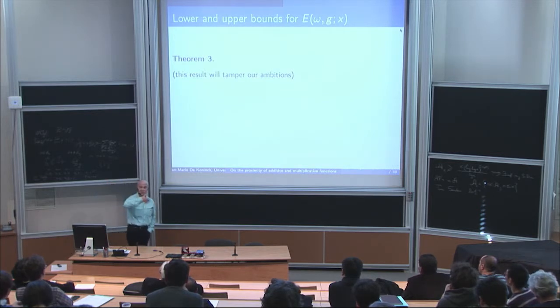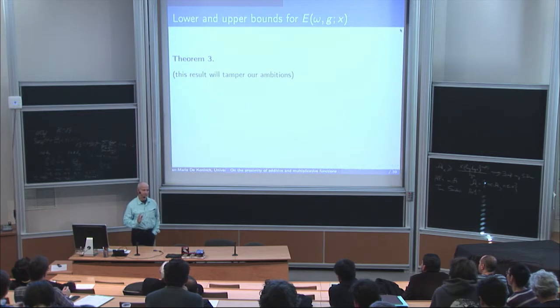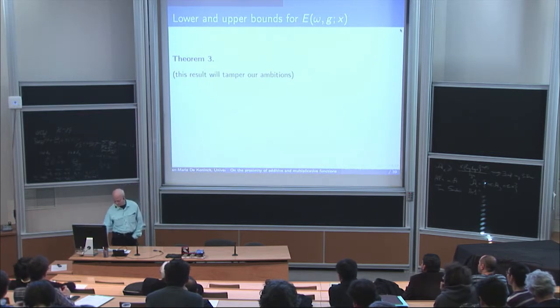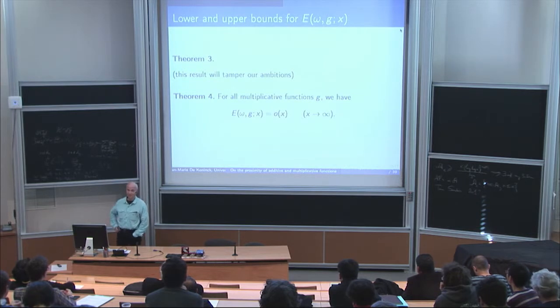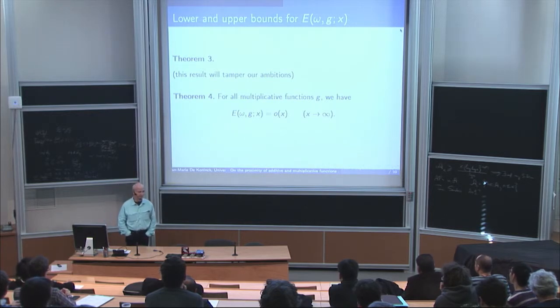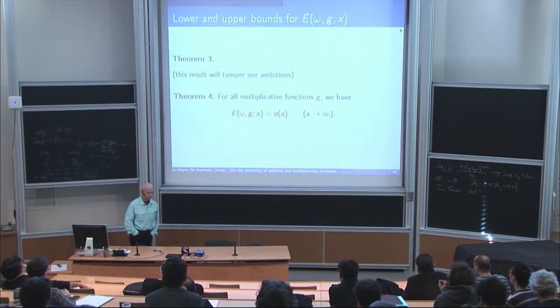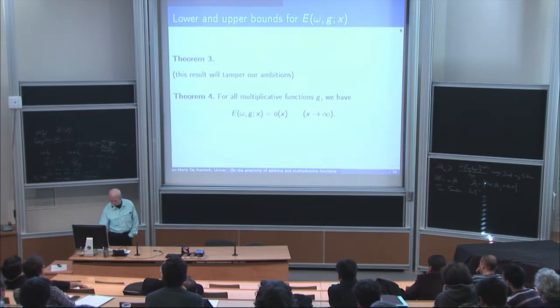It needs a lot of notation, so we'll come to it later, but it will tell us that we should not be too ambitious in our approach. And then finally, Theorem 4, which I find the most interesting, says that you cannot be too ambitious. Given omega, you cannot find a multiplicative function g(n) such that these two functions coincide on a set of positive density. It would always be small o of x.